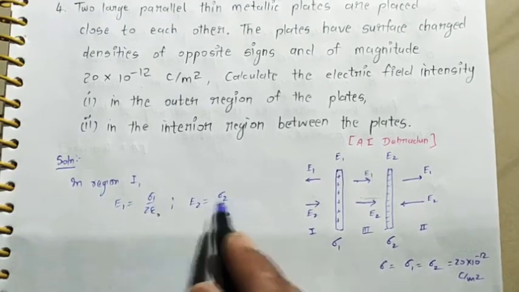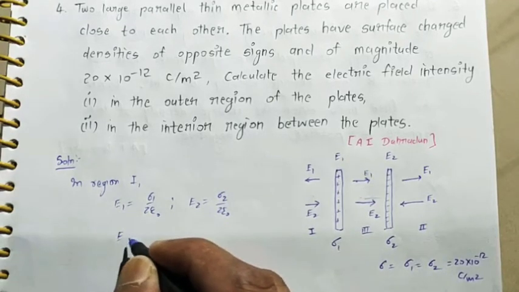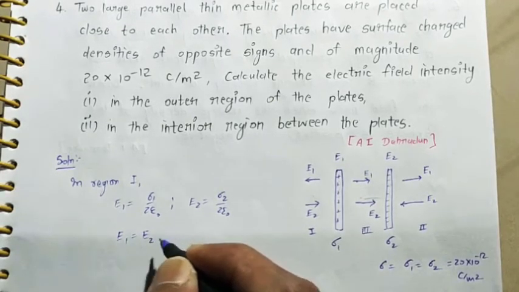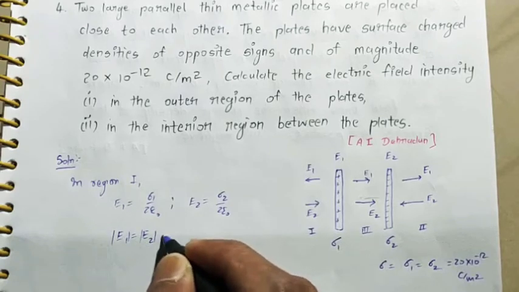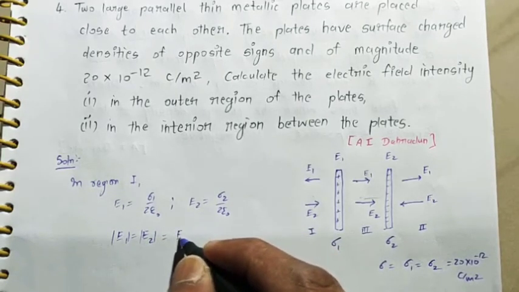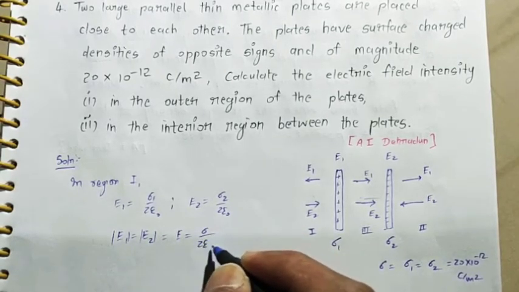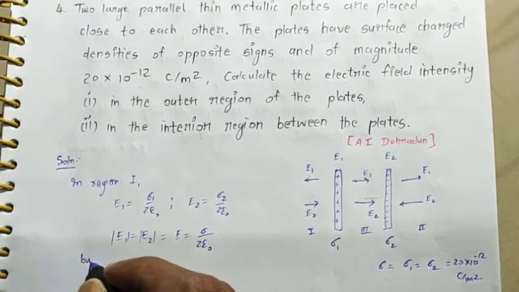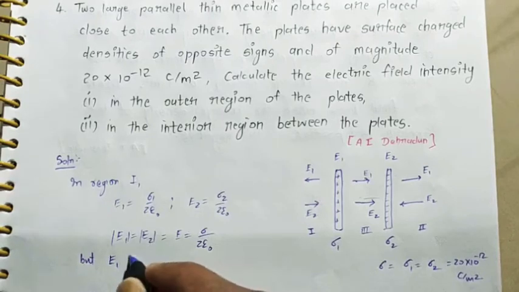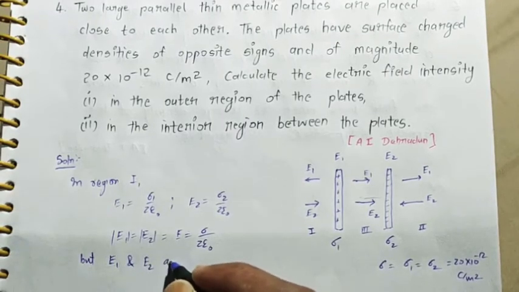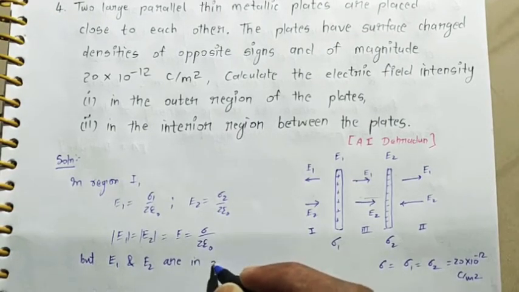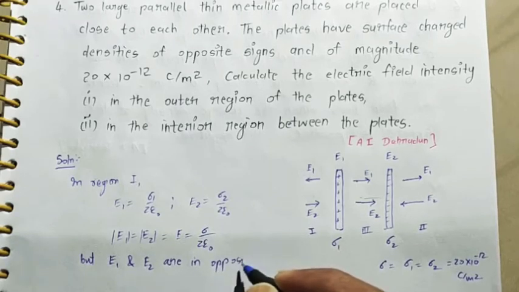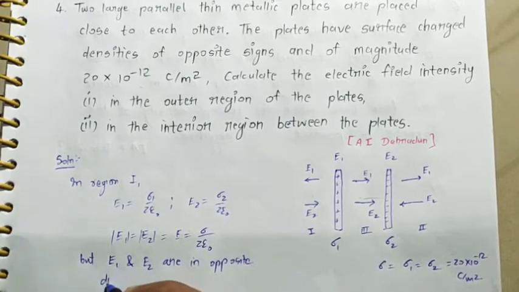Here sigma 1 and sigma 2 are the same, so we can say the magnitude of E1 and the magnitude of E2 is equal to E, and it is sigma upon 2 epsilon naught. Both are the same, but E1 and E2 are in opposite directions.